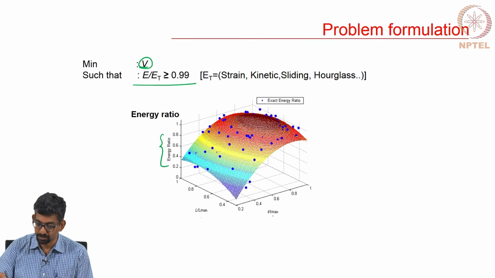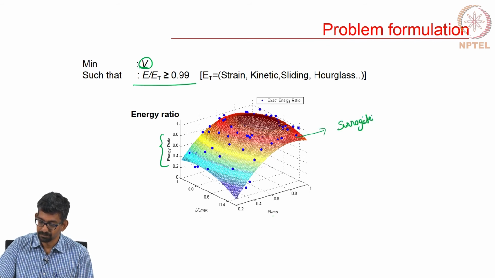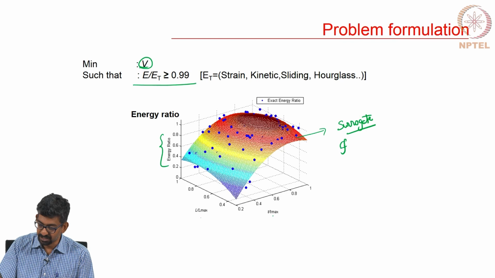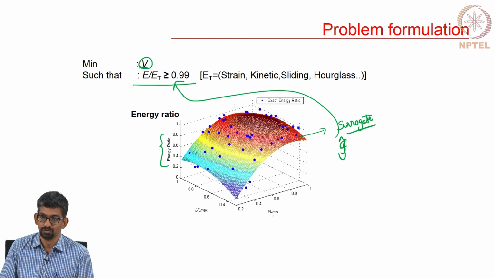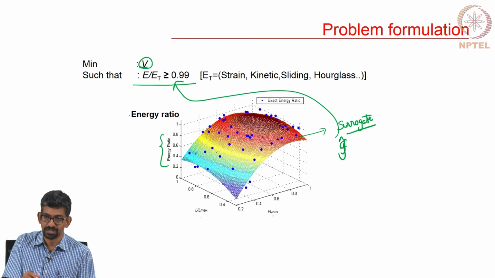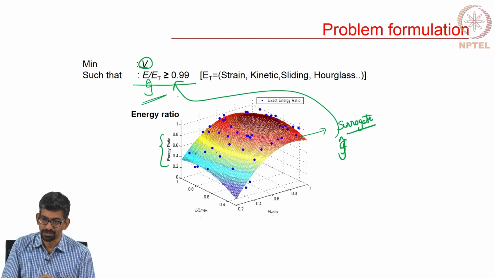This is what we are going to talk about. This is a surrogate that I have fitted. Then this surrogate, let us call it G hat, will be used here to do the optimization. This is something that we saw yesterday. If you have this function G hat, you know how to do the optimization.